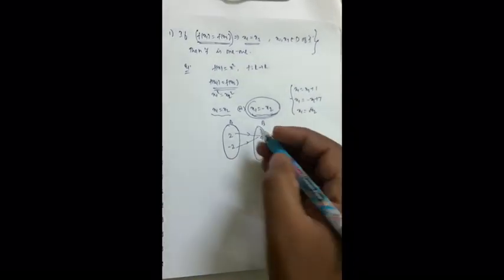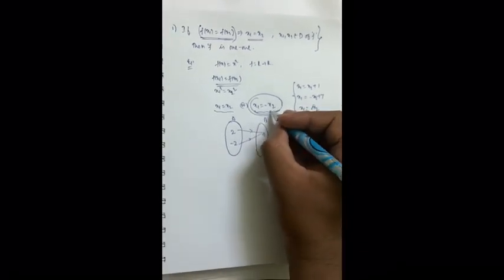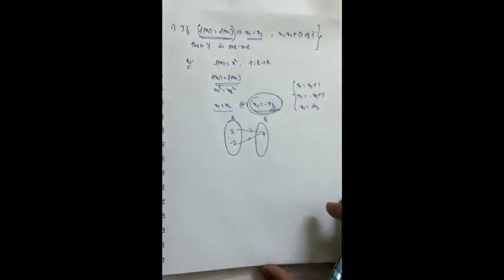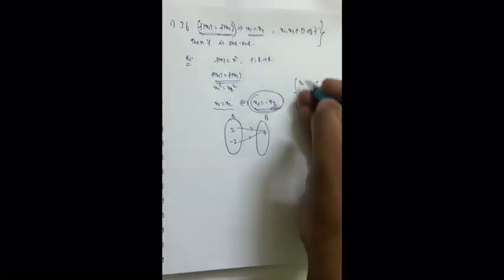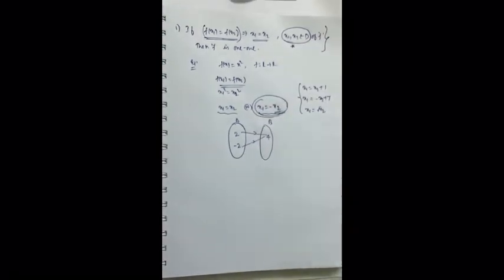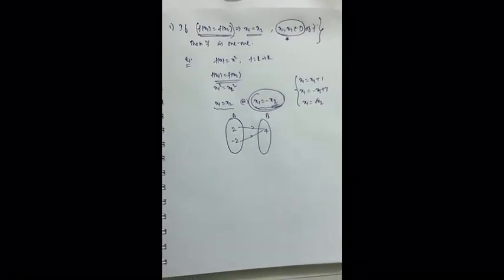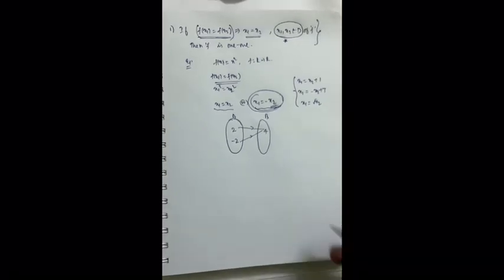I would like to add one more point here: sometimes you get a different relation, but you have to check whether that relation is valid or not, because we have this very important condition, that both x1 and x2 should belong to the domain. So what if this relation will not hold in the domain itself?